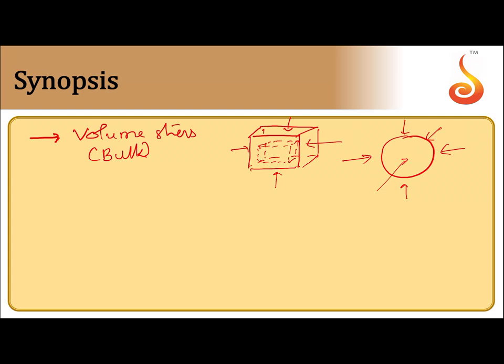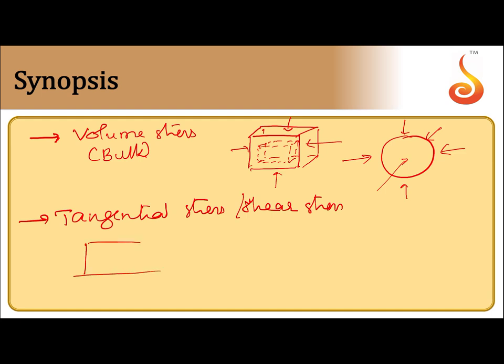The third is what is called shear stress. Let's try to understand what that shear stress is. Tangential stress or shear stress. In the case of shear stress, an object is fixed at its bottom, and we are applying the force from its sides.